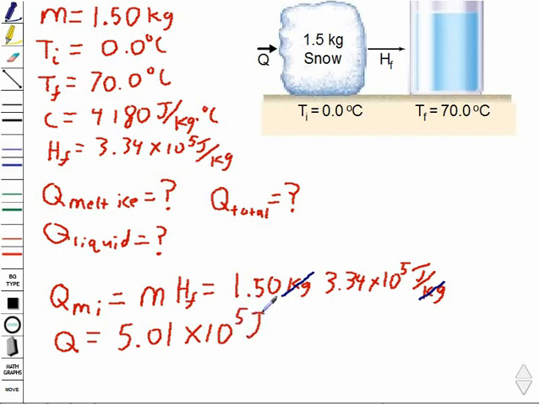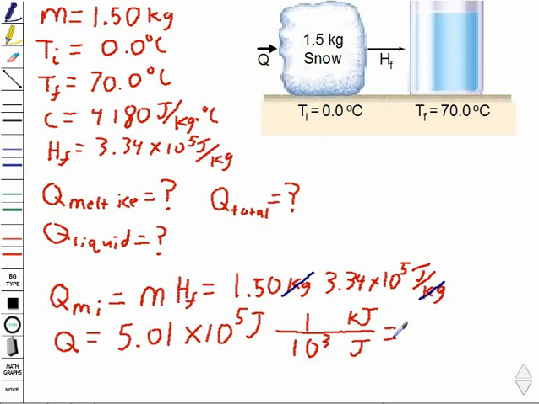Now if we're looking at that answer, that's a kind of a large answer, and sometimes using the metric system we can convert that answer into something a little more manageable. So I want to get it out of joules, and I think if we use kilojoules, that would work out pretty well. So I got 5.01 times 10 to the 5th joules, there are 1,000 joules, or 10 to the third, in 1 kilojoule.